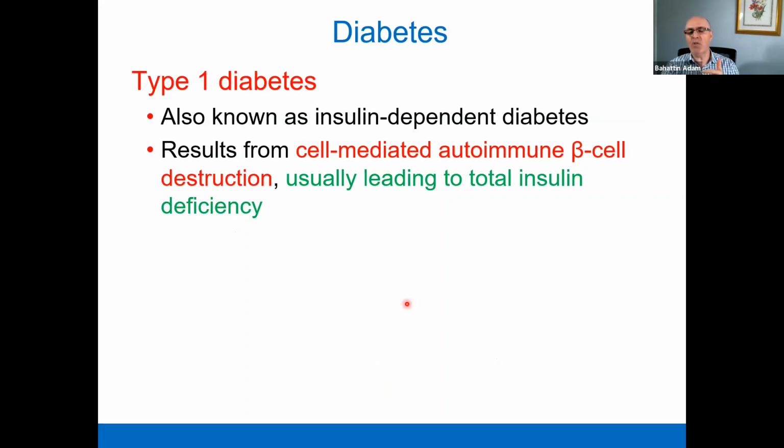Type 1 is also known as insulin-dependent diabetes and results from cell-mediated autoimmune beta cell destruction. It is an autoimmune disease, usually leading to total insulin deficiency, which means you have to replace insulin.